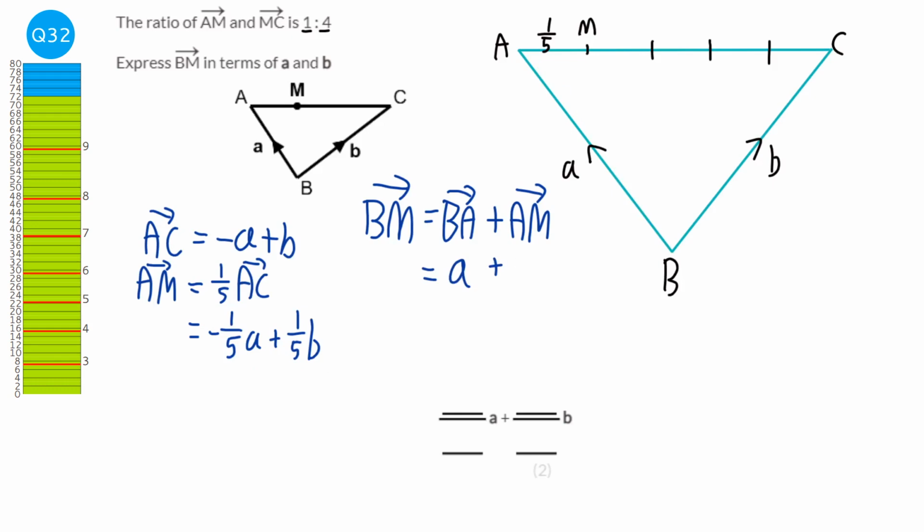And it should be minus, because we know it's going to be minus 1/5 A plus 1/5 B. And so A minus 1/5 A is going to be 4/5 A. And then we've got the 1/5 B. So it's going to be 4/5 A plus 1/5 B.